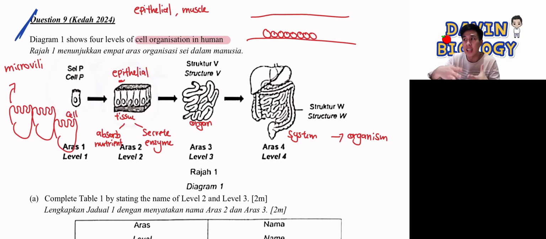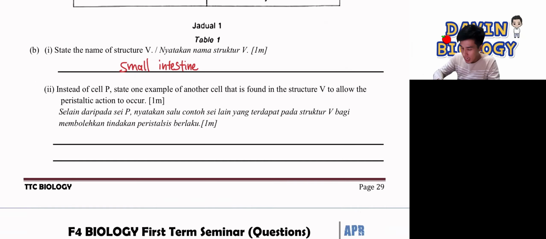They're asking, other than epithelial, what other tissue or cell can be found in the small intestine that helps in peristaltic action? You all still remember what peristaltic action is, right? Peristalsis, when you swallow food, this group movement pushes the food along. So what cell, what tissue helps in peristaltic movement?